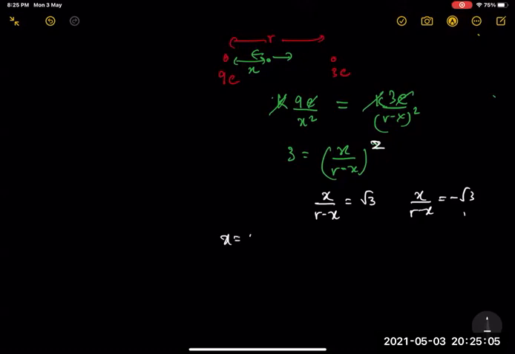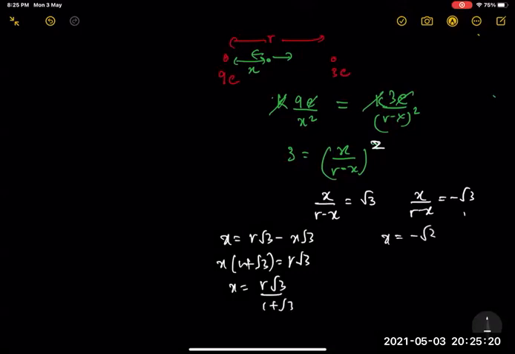X is equal to R root 3 minus X root 3. X times 1 plus root 3 is equal to R root 3. X equal to R root 3 by 1 plus root 3. And if you solve the other, you will get X equal to minus root 3 R plus root 3 X. X times 1 minus root 3 is equal to minus root 3 R. X equal to minus root 3 R by 1 minus root 3.